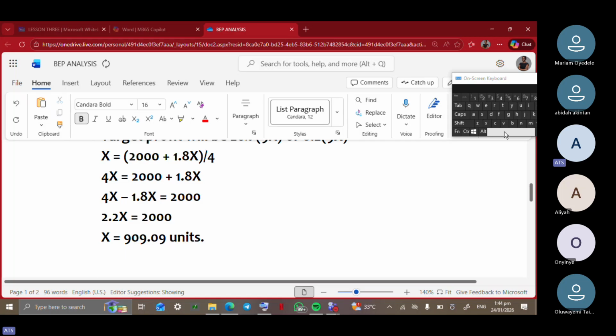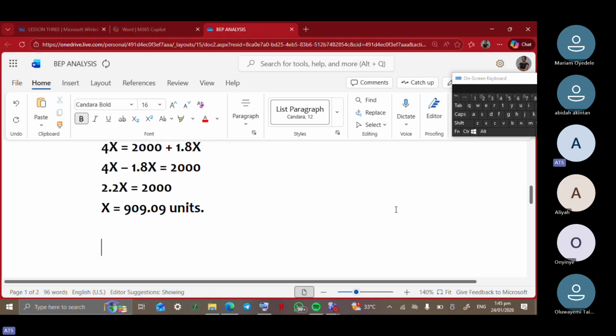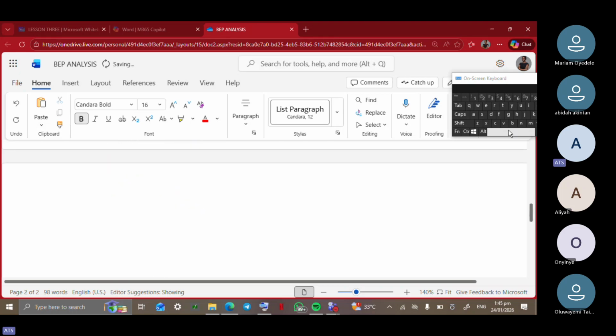So before we go into a deeper explanation, let's check. You sell 909.09 units. How much did you sell each one? 9 naira, right?